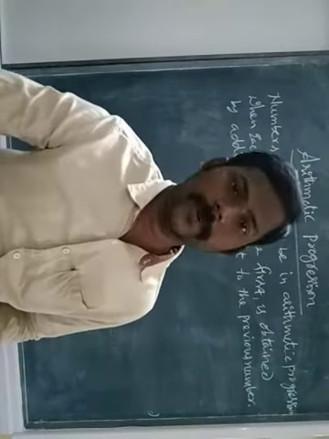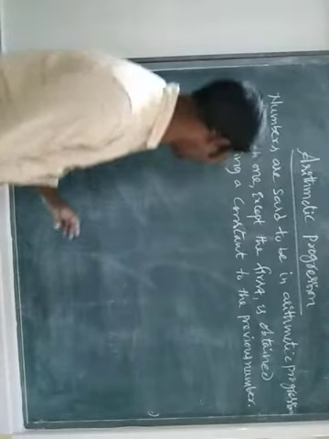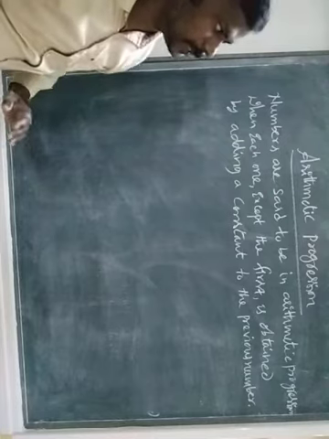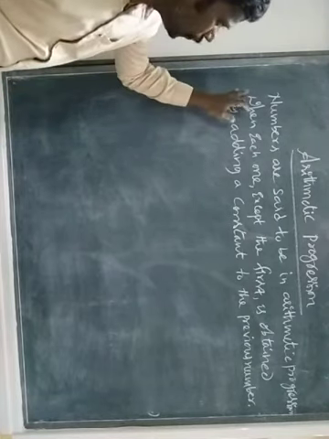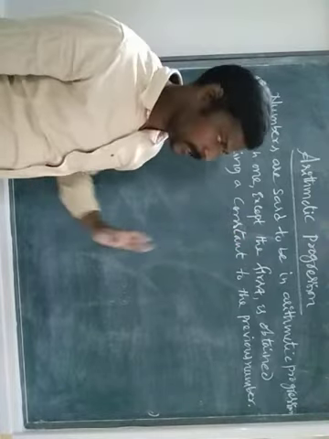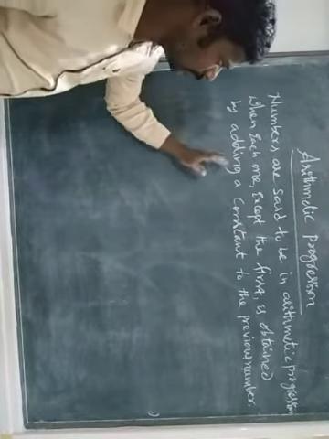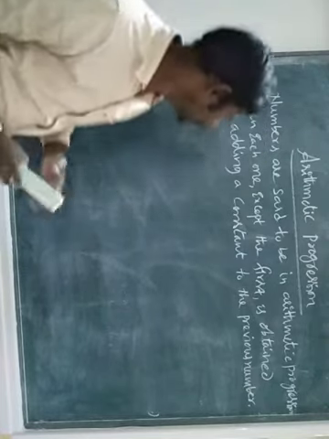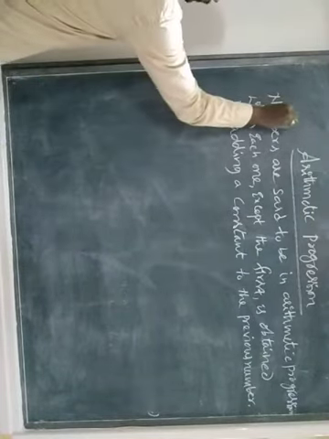So what is arithmetic progression? Look at the board. Numbers are said to be in arithmetic progression when each one except the first is obtained by adding a constant to the previous number.